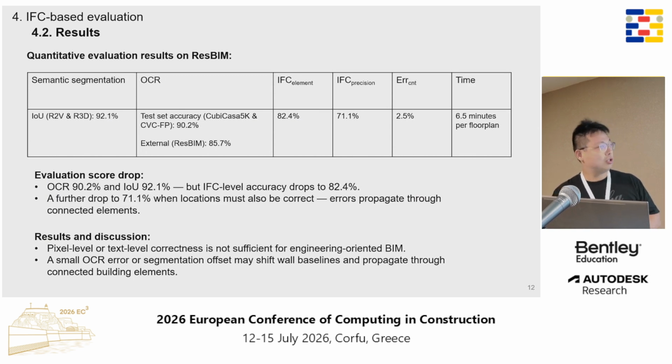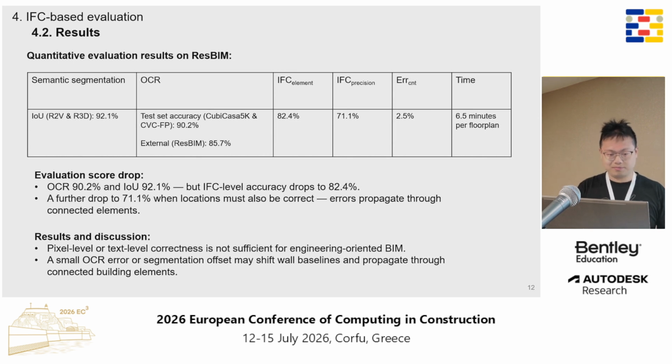There is a very interesting thing. I also evaluated with computer vision metrics such as the IOU and the OCR accuracy, and also with the IFC metrics. We can see there is a significant drop in accuracy between the IFC and the computer vision metrics.